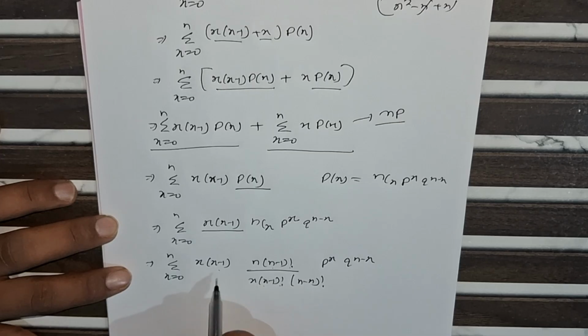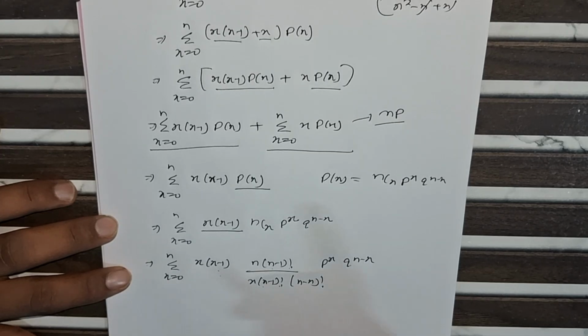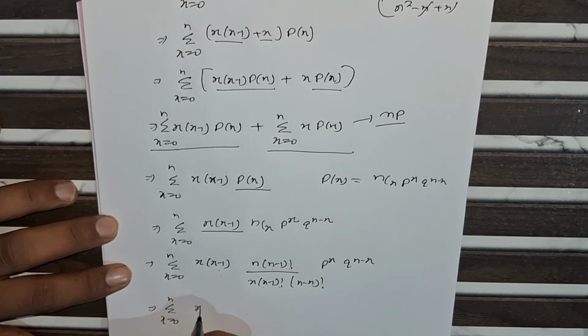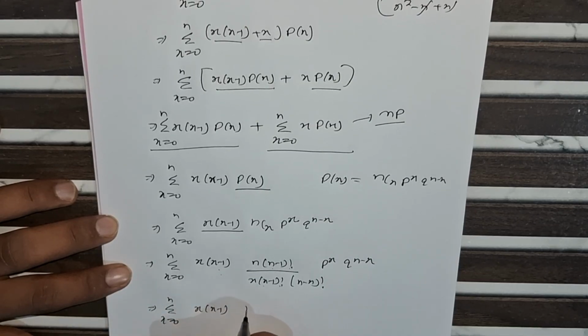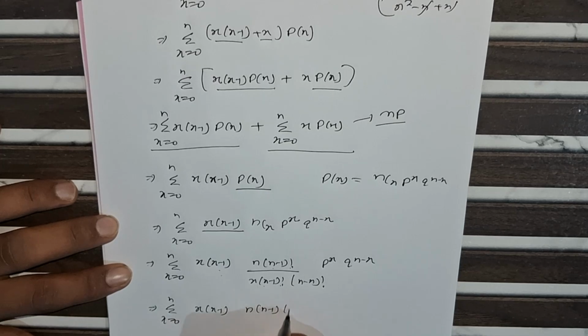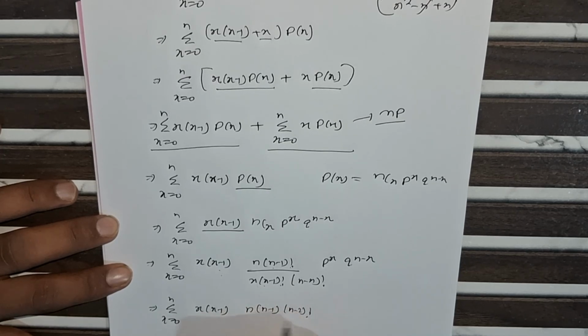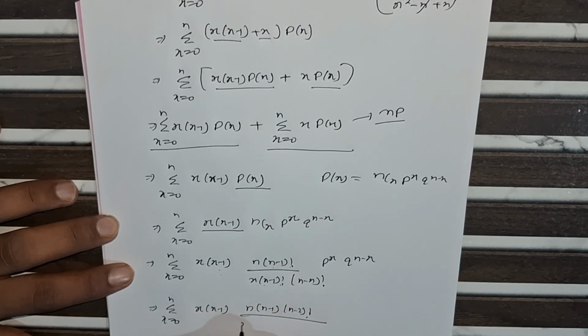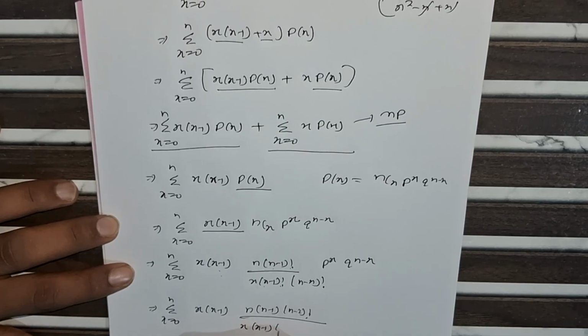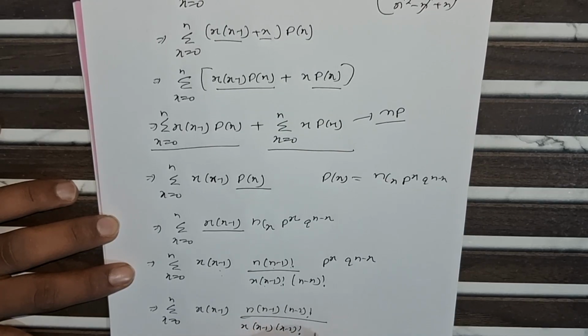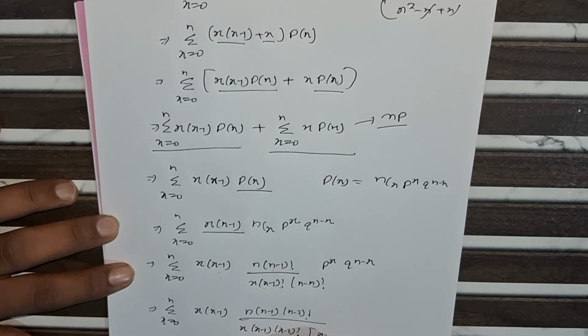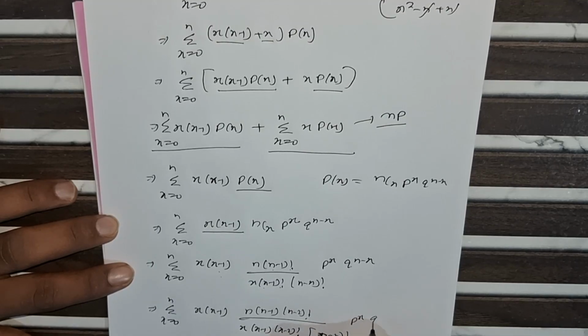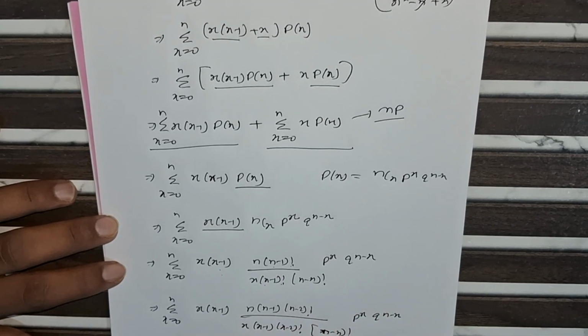So we extend another step: summation x equals 0 to n of x into x minus 1, here n into n minus 1 into n minus 2 factorial, like that x into x minus 1 into x minus 2 factorial into n minus x factorial, p to the power x q to the power n minus x.